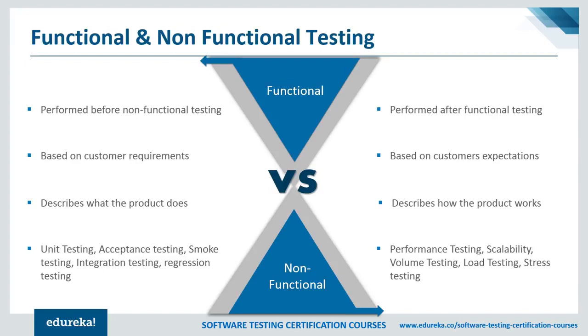And examples of functional testing are unit testing, acceptance, smoke testing, integration, and regression testing. And non-functional testing includes performance testing, volume testing, scalability, load testing, strain and stress testing, etc. So these are the differences between functional and non-functional testing.